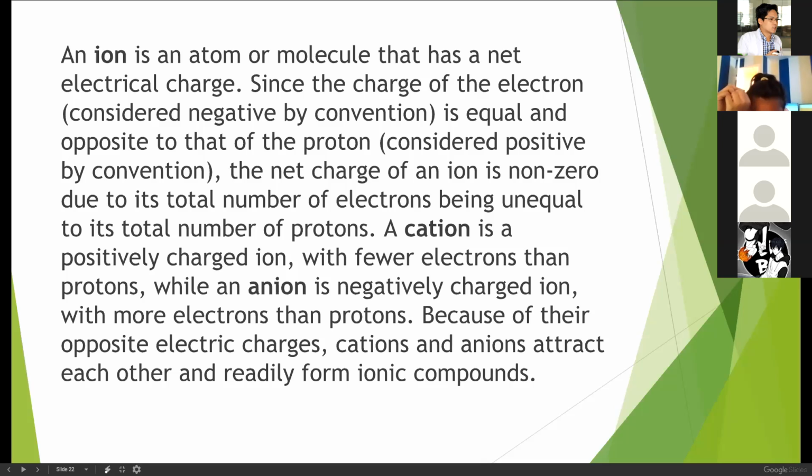Mas daghan ang electrons. As simple as that. Because of their opposite electric charges, cation and anion attract each other and readily form an ionic compound. This is now called ionic bonding.